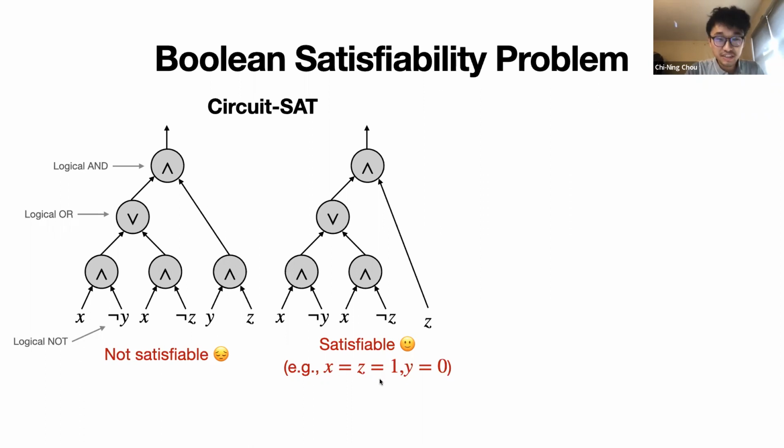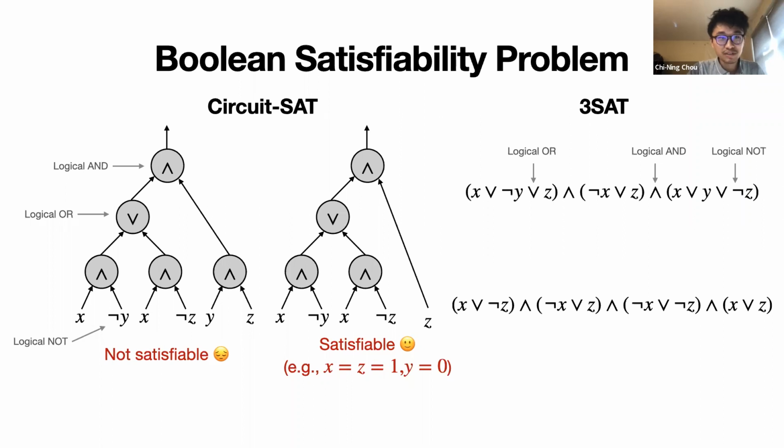This is easy to check because once I tell you what assignment makes the circuit satisfiable, it's super easy. You just evaluate the circuit. But in the meantime, if you want to convince me it is not satisfiable, you probably need to enumerate all the inputs, something like this. So you can see that it is easy to certify the answer is yes.